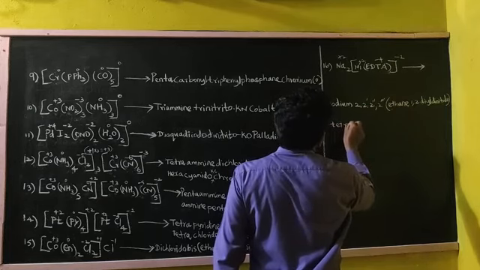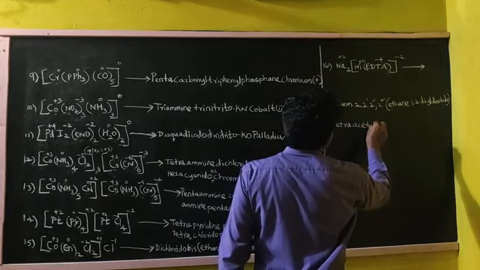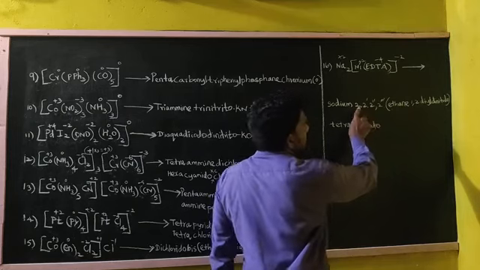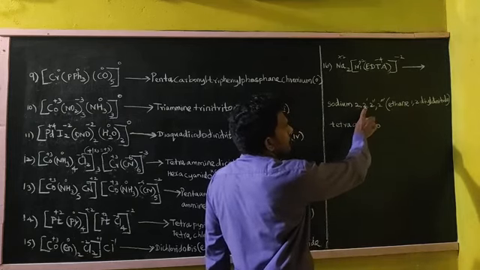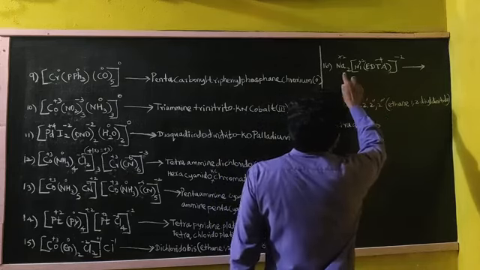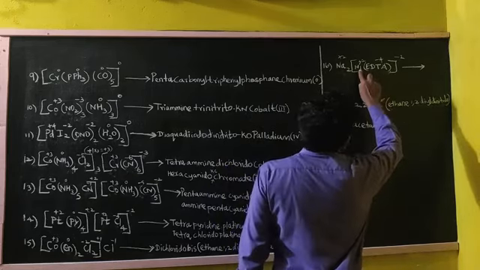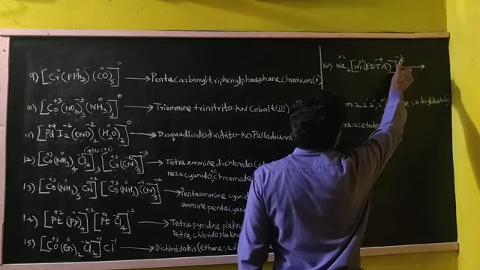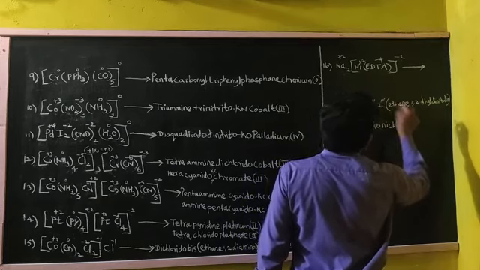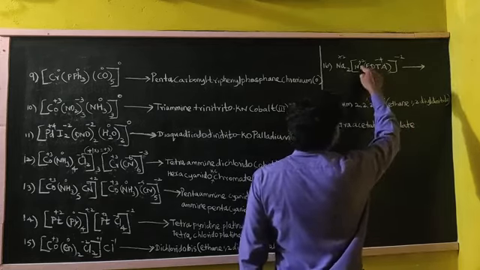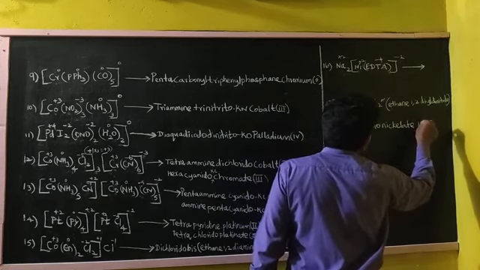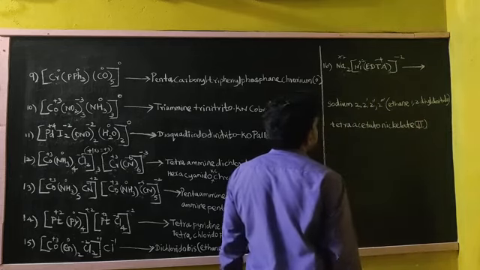Tetraacetate, right? The position of the coordination bond 2, 2 dash, 2 double dash, 2 triple dash. Then nickelate, total coordination sphere charge minus 2. So nickelate, nickel charge 2. You can mention it with the Roman numeral, right?